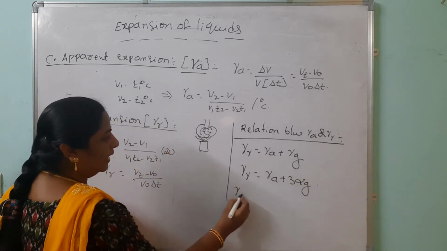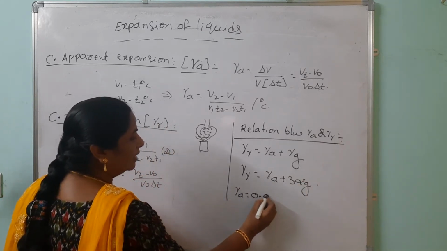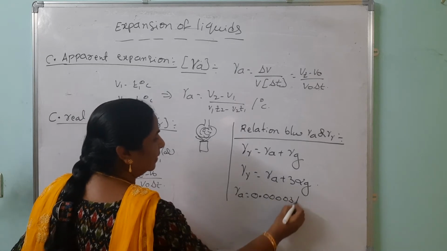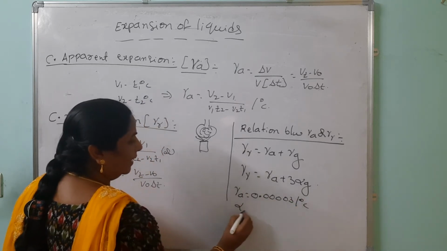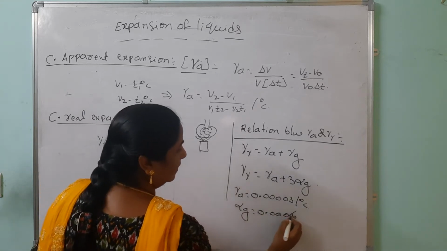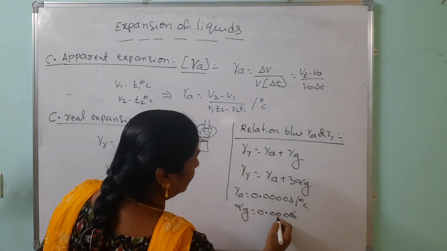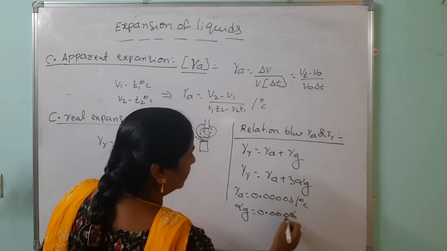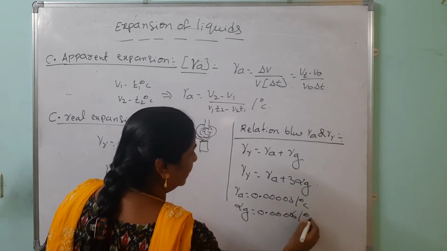Suppose gamma A equals 0.00003 per degree centigrade and alpha is 0.000006 per degree centigrade.